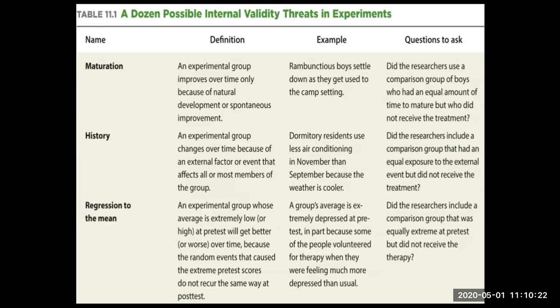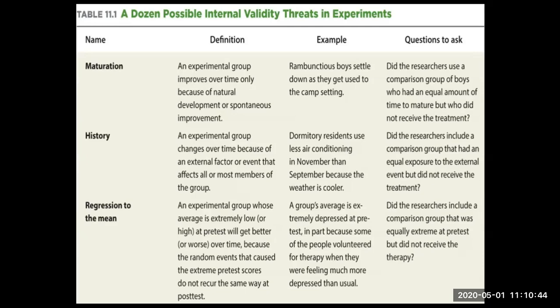But the problem is, in this example, the study was run between September and November. Well, it could be, in this case, that the dorm residents were trying to be green and responsible and trying to save money as well as energy.